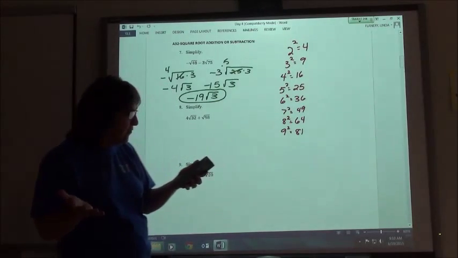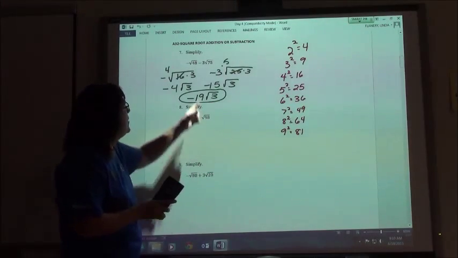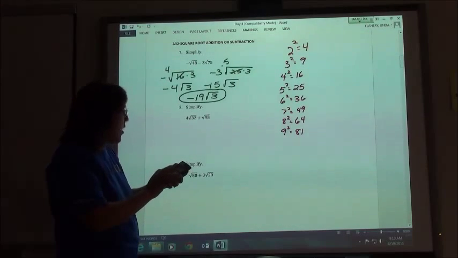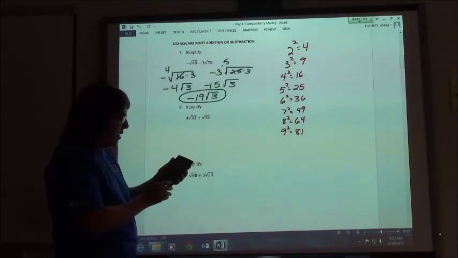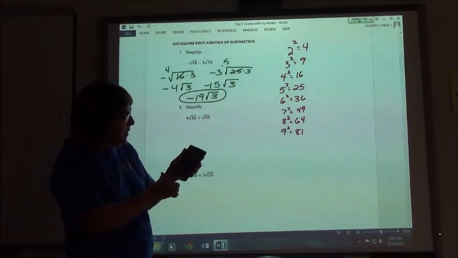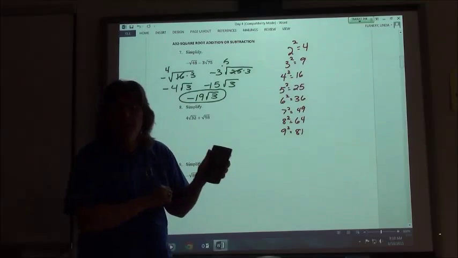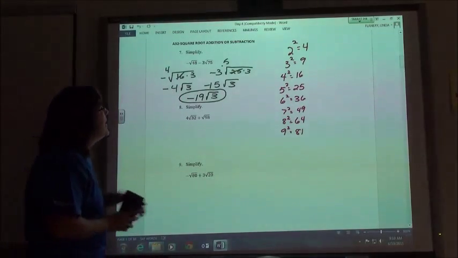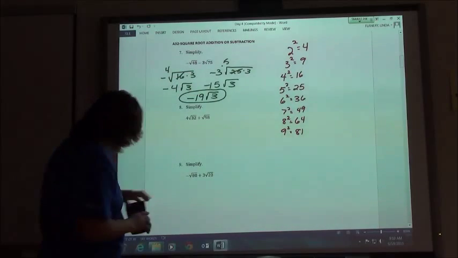So think about negative 32.9. Then what I'm going to do is type in my answer, negative 19 square root of 3. When I hit equals, I should get that exact same number back. So if I hit equals, it doesn't look like much change, but you saw your screen blink a little bit. I got the exact same number. So that gives me a pretty good idea that, yep, I did it correctly.